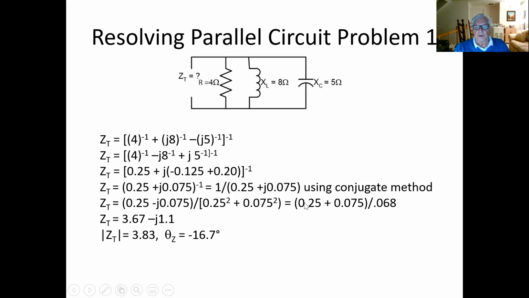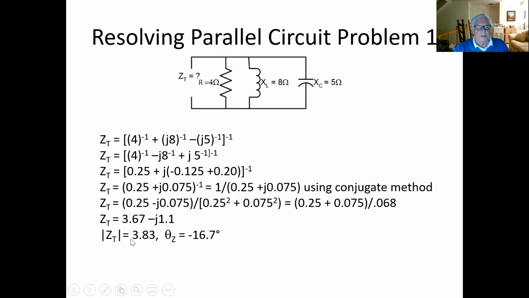So we get 0.068 in the denominator. Then we divide 0.068 into 0.25 to get 3.67, and we divide 0.068 into 0.075 to get 1.1.